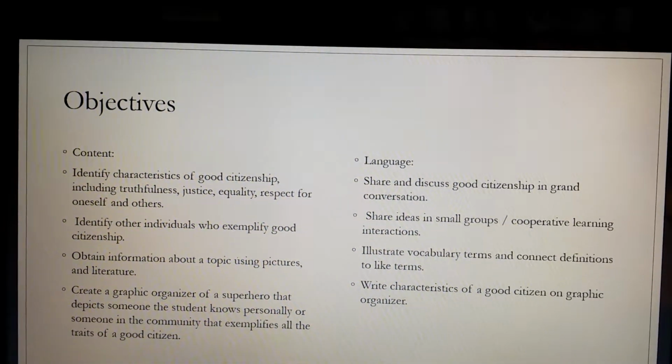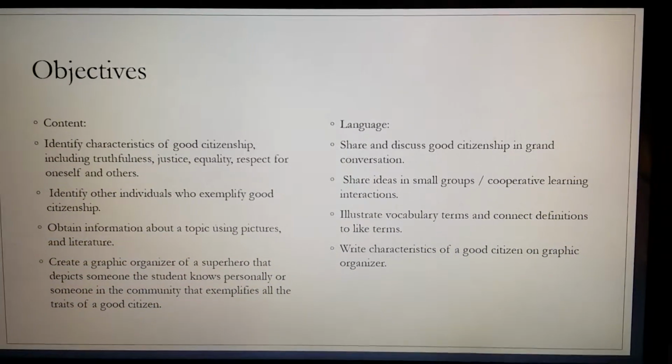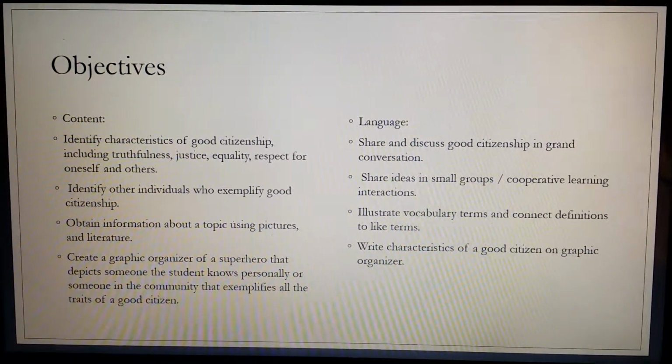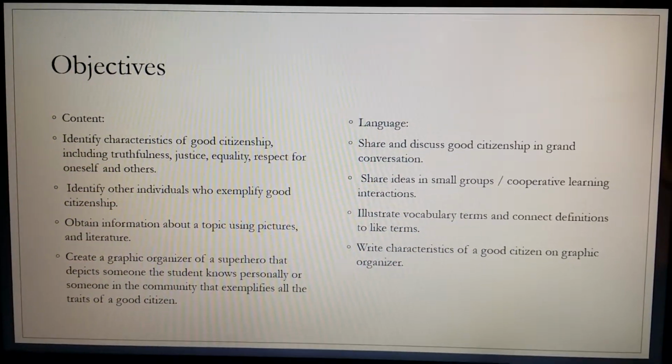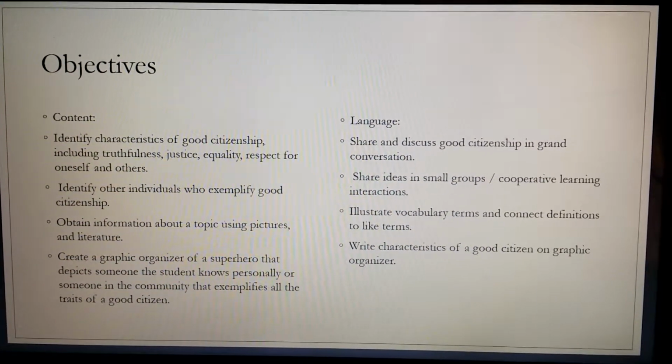This could be a parent, a friend, or someone in our community like a police officer or a firefighter or even the garbage man.